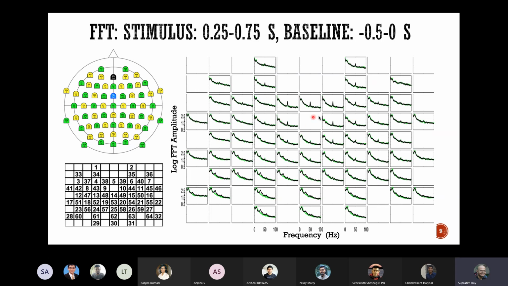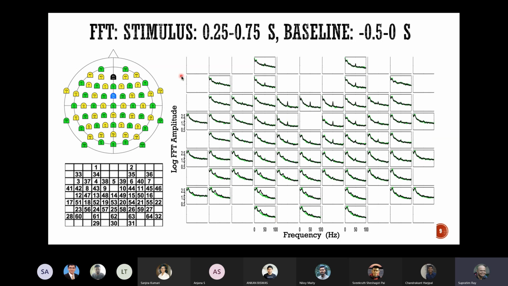It weakens in the frontal areas, but it's there. In addition, there's a second bump. This is the gamma rhythm. See these bumps here? These are the gamma rhythms that you see that are more localized in the occipital areas and in this subject on the left hand side.